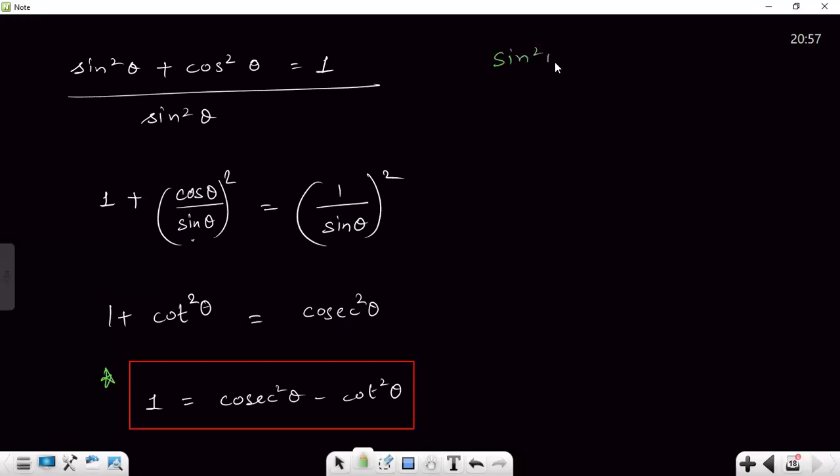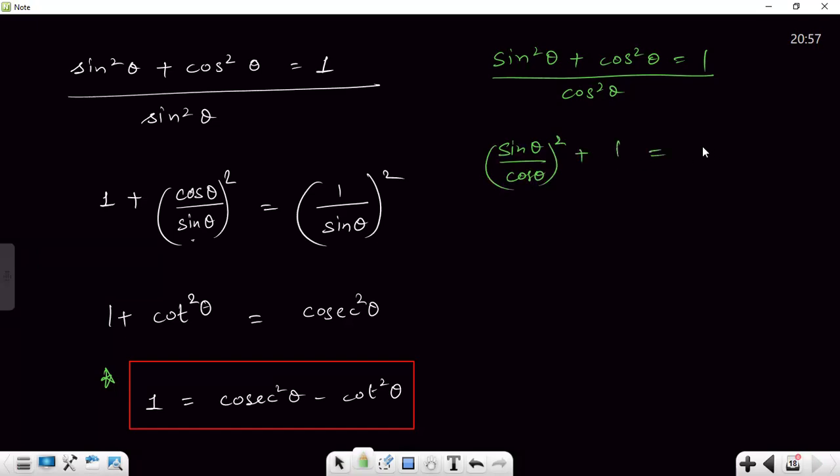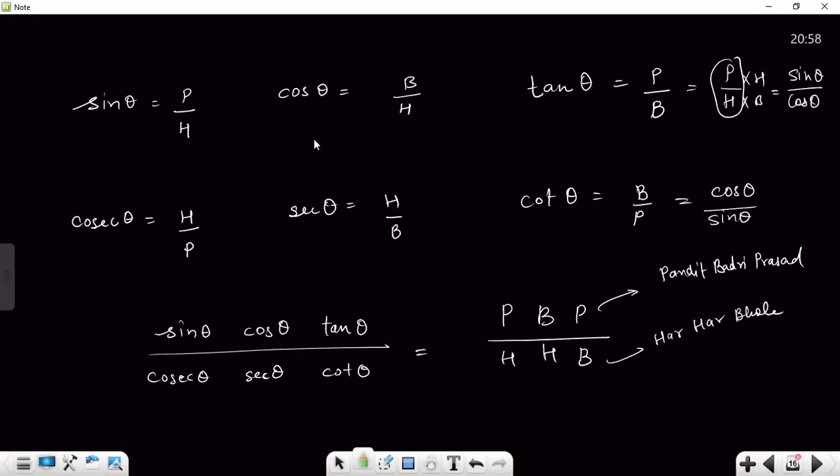We had the result sine square theta plus cos square theta equals 1. Let's divide it on both sides by cos square theta this time. Now this becomes sine theta by cos theta whole square plus 1 is equal to 1 by cos theta whole square. We know sine theta by cos theta is tan theta, its square tan square theta, plus 1 is equal to, 1 by cos theta is what? Sec theta.